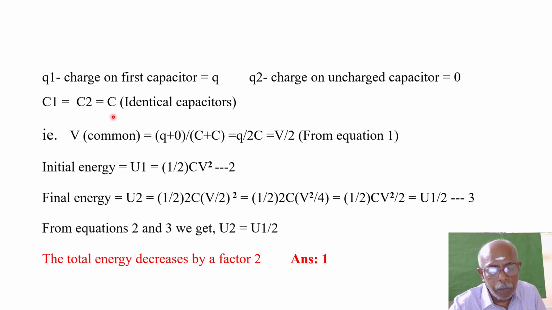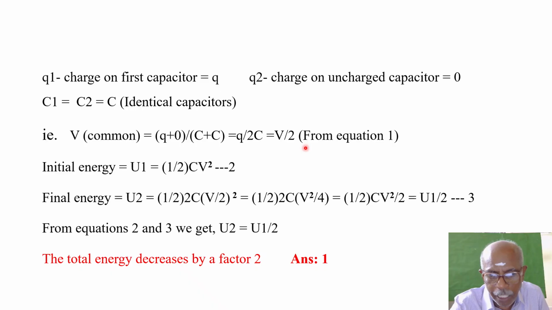Both will have the same capacitance C. So V common is equal to (Q plus 0) divided by (C plus C), that is 2C. So Q by 2C. You know that Q by C is equal to V, so it is V by 2.